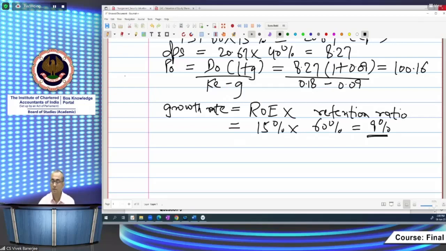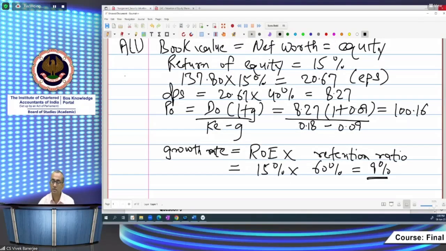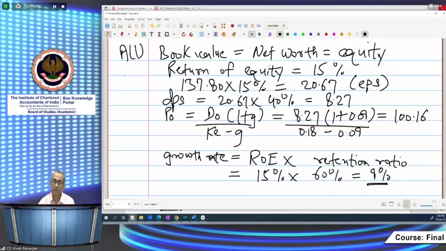Alternatively, you can take this figure, 8.27, directly, without applying the growth rate, because you can also assume that this dividend is at the end of the period.